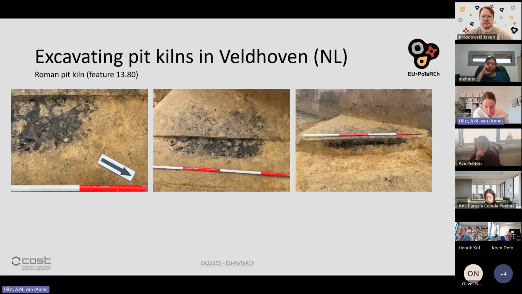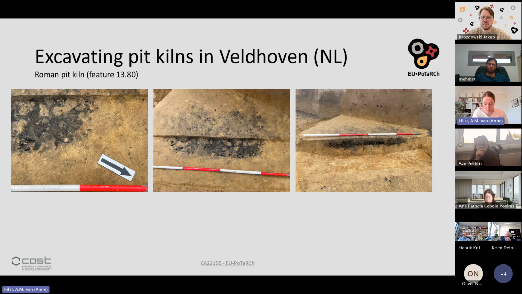And in the profile, again disturbed by bioturbation, you can hopefully still see the 2 layers. So the light gray backfill on top and the remaining charcoal layer below. I think it's maybe a little bit hard to see.